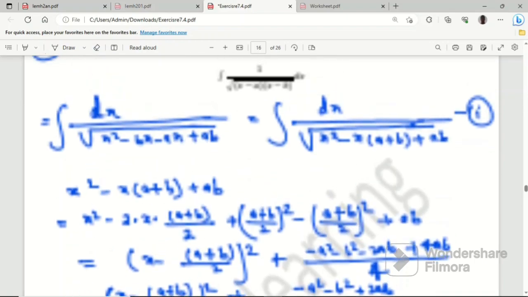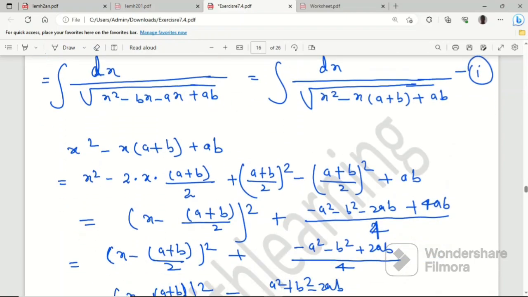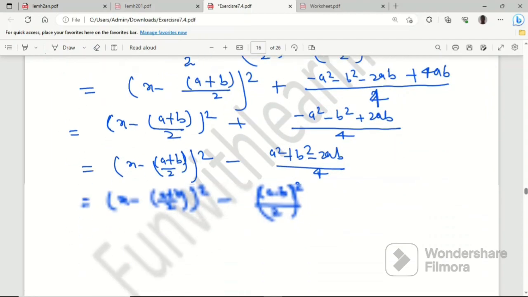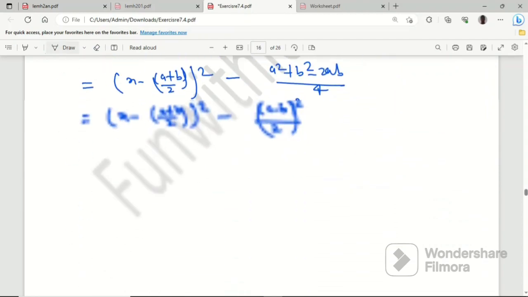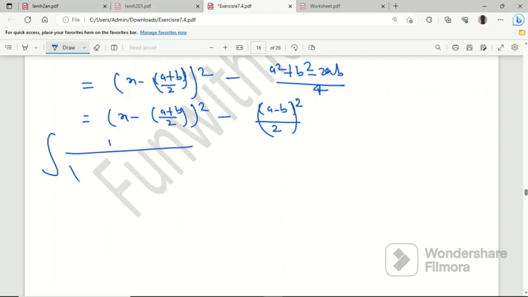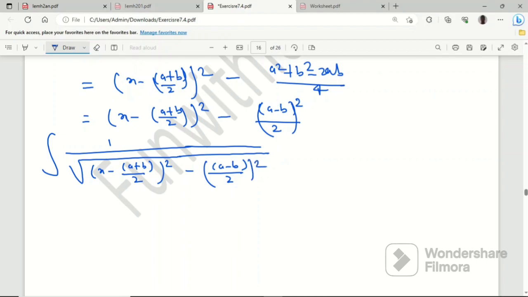Okay, so directly I will replace the given quadratic equation with the required form. So it was 1 upon under root. Under root I am directly writing x minus (a plus b upon 2) whole square minus (a minus b upon 2) whole square. So now it is in the form of our formula.